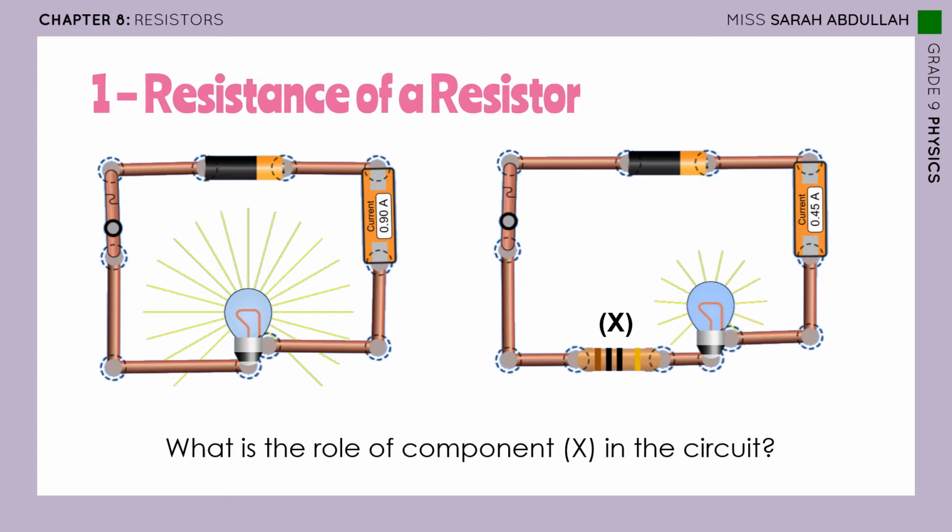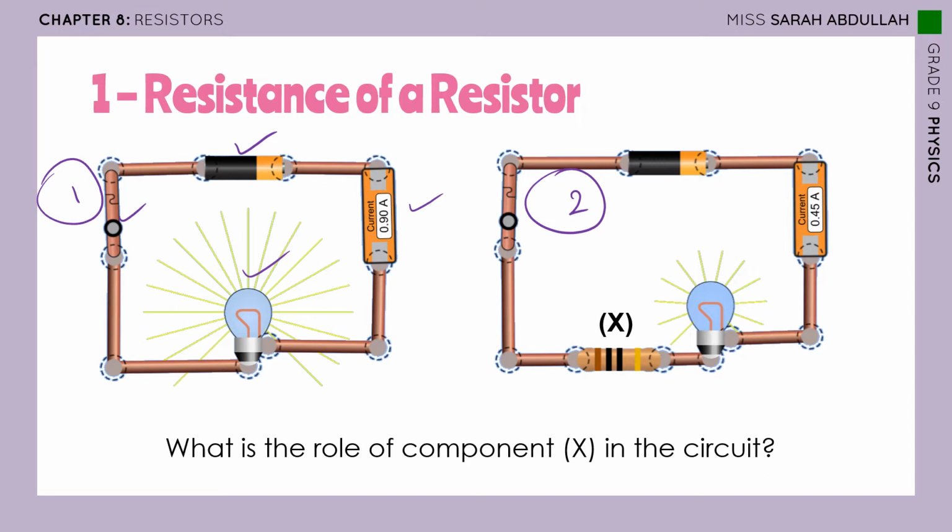Okay, so let us consider these two circuits. This is the first circuit and this is the second circuit. The first circuit consists of a dry cell, a closed switch, connecting wires, a lamp, and an ammeter. The lamp is lit, and the ammeter reads 0.9 amperes.